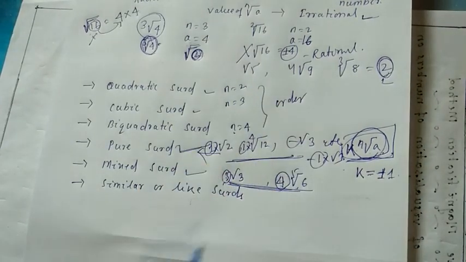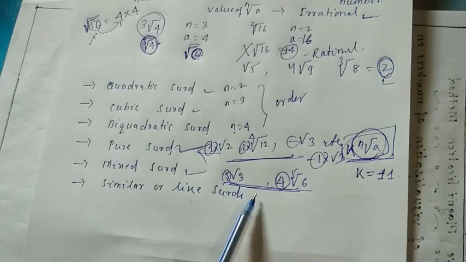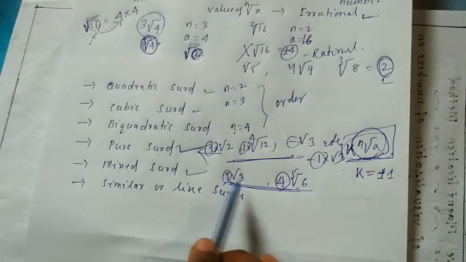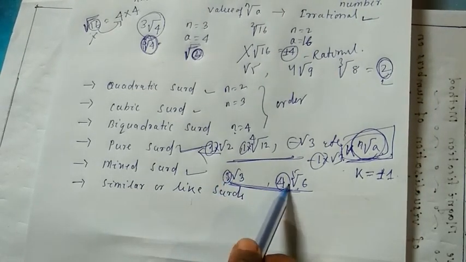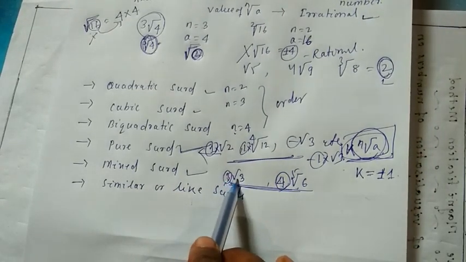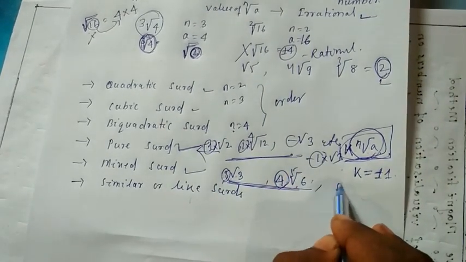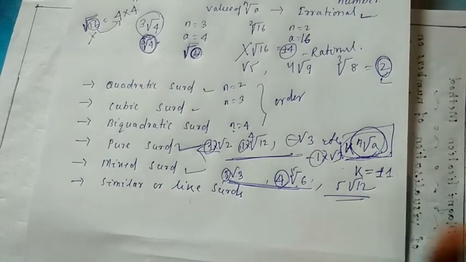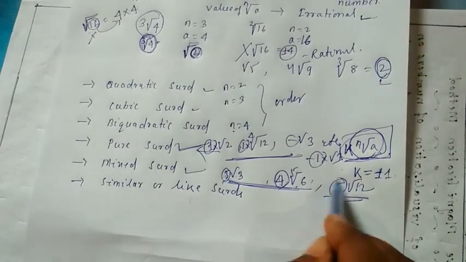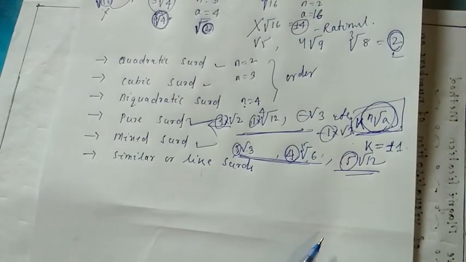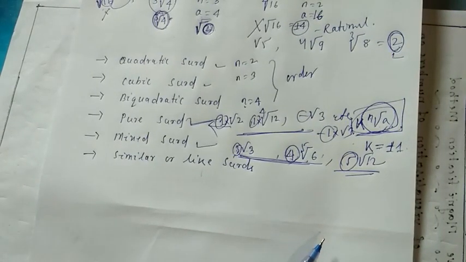The definition says the surd has a rational factor other than 1 or minus 1. That's why 3 root 3, 4 fifth root of 6, or 5 root 12 is an example of a mixed surd, because the rational factor is not 1. If the rational factor becomes 1 or minus 1, then it will become a pure surd.